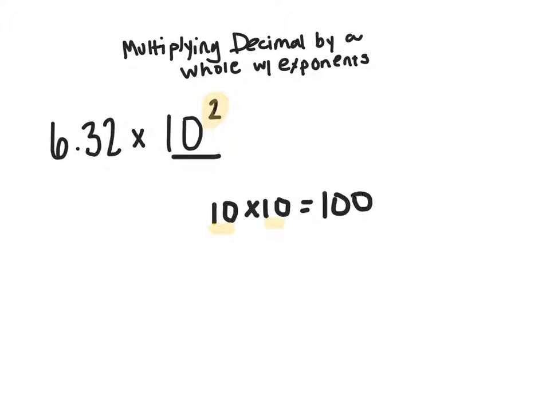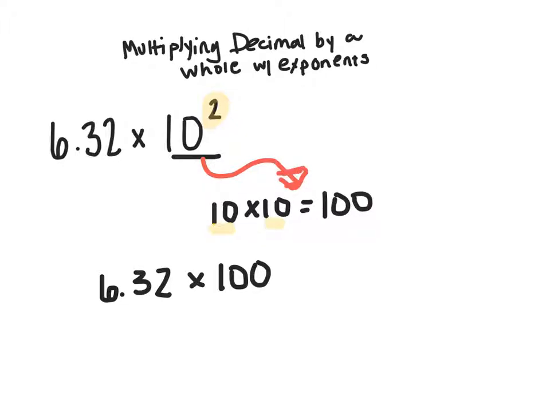I'm going to rewrite my number here. So we have 6 and 32 hundredths times 100, because I went ahead and solved my exponent here.